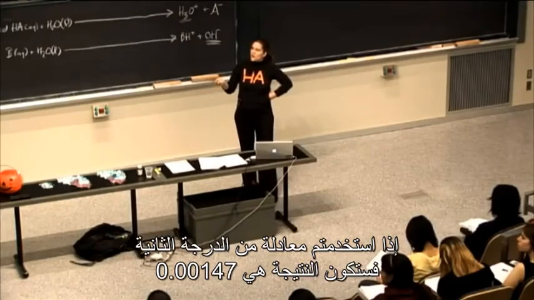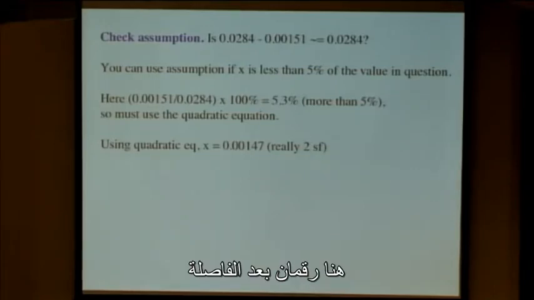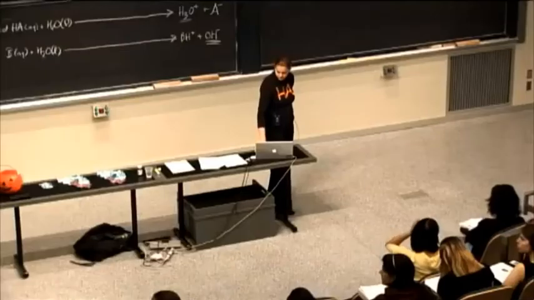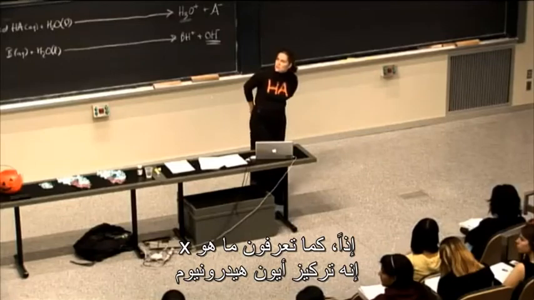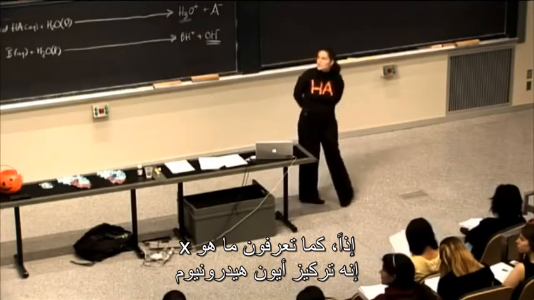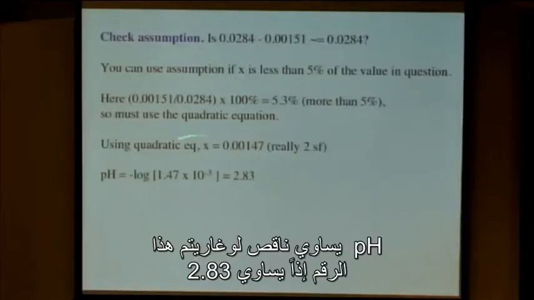And if you use the quadratic equation, you get an answer of 0.00147. Again, that's really two significant figures. So it's not a whole lot different than the number you got making the approximation. Once you know what x is, that's the hydronium ion concentration in this problem, so we can plug that in. pH is minus log of this, so that's 2.83.